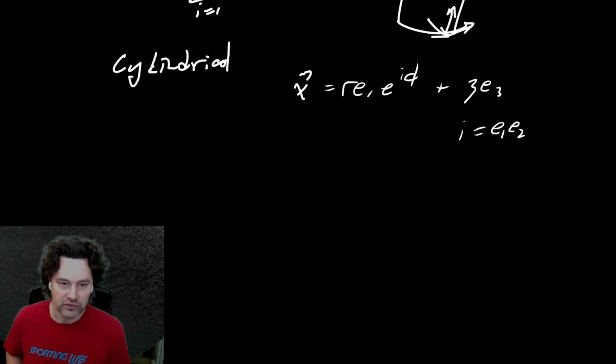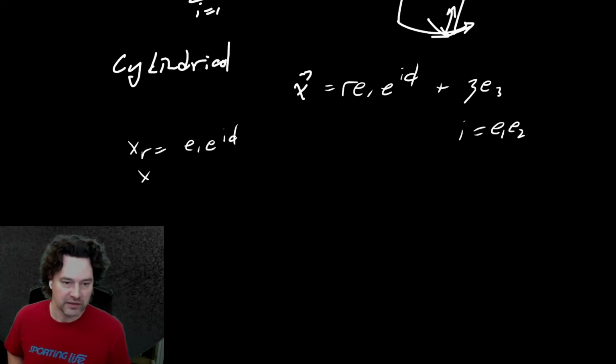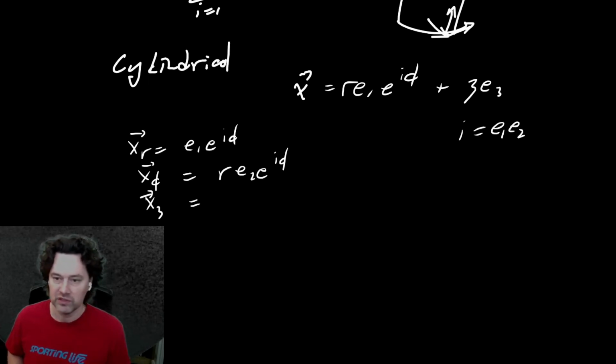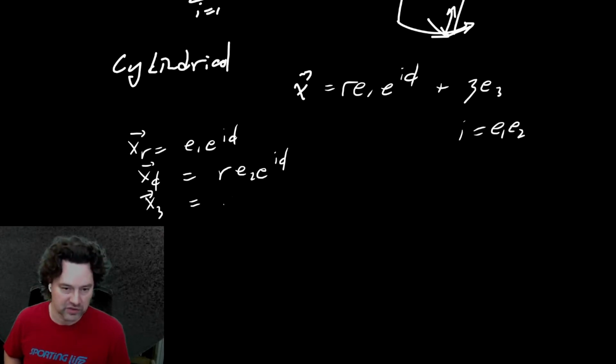So in this case, let's look at what our parameters are. We have x sub r is e1 e to the I phi, and x sub phi is going to be r e2 e to the I phi, and x sub z, and these are all vectors, will be the derivative of z e3, which is just e3.